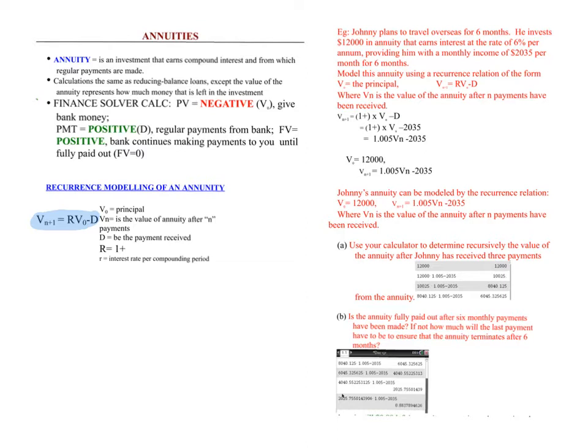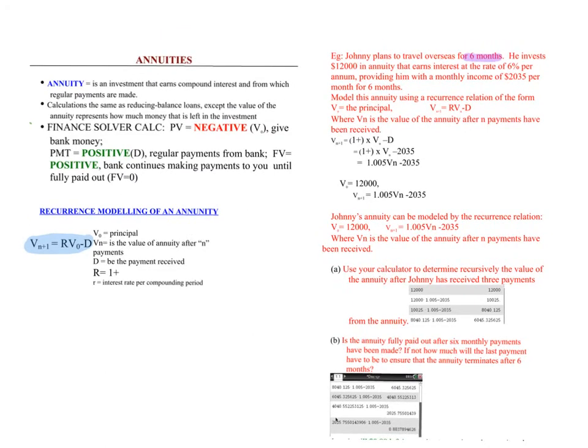It says, Johnny plans to travel overseas for 6 months. That might be showing you an end value there. So he invests $12,000. So here's where I might start saying, all right, he's going to invest, so that's a negative PV.